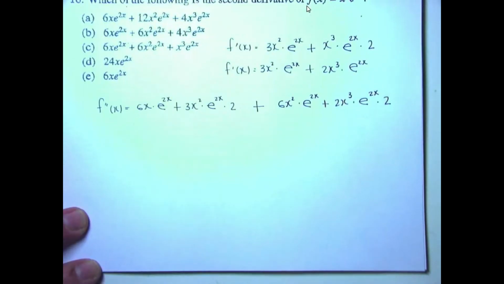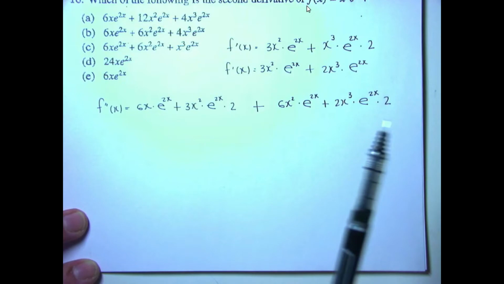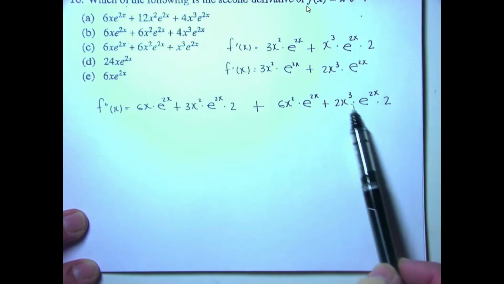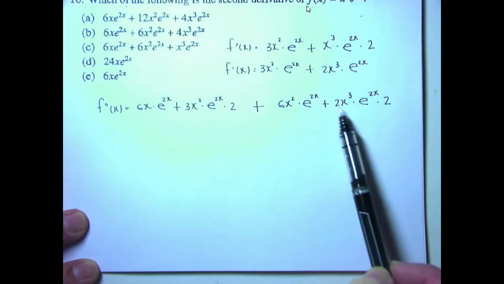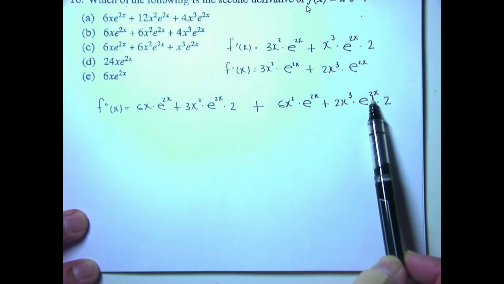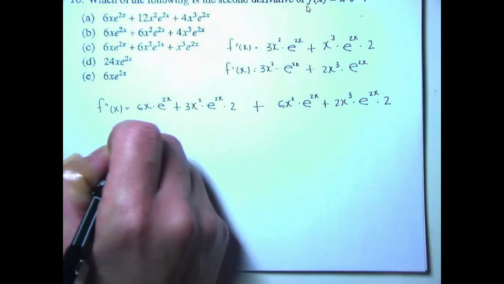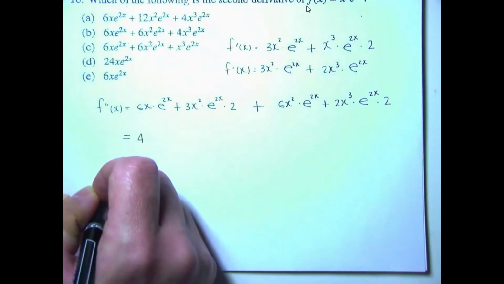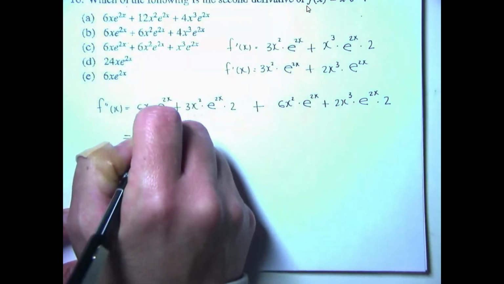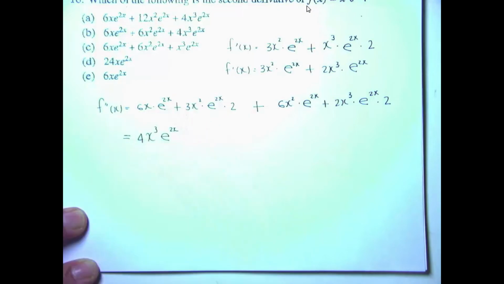And now we just have to really clean up. We're going to combine like terms. Let's see, I have the terms that contain the x cubed. There's really just one of those. I have a 2x cubed times e to the 2x times 2. 2 times 2 is 4. So I have 4x cubed e to the 2x.